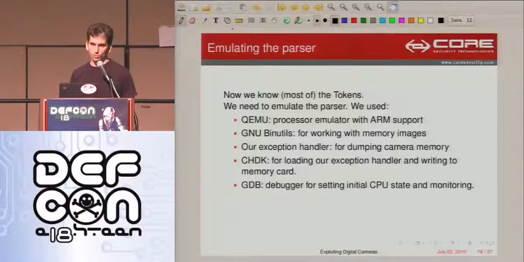So we couldn't use it to boot the original firmware and try to parse a script with it. Instead, what we did was capture the state of the camera as it was parsing a script, that is, capture all the registers and all the memory and dump it to the memory card. And then take that information and resume the execution inside our emulator.